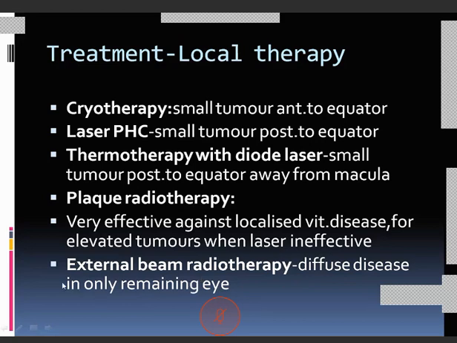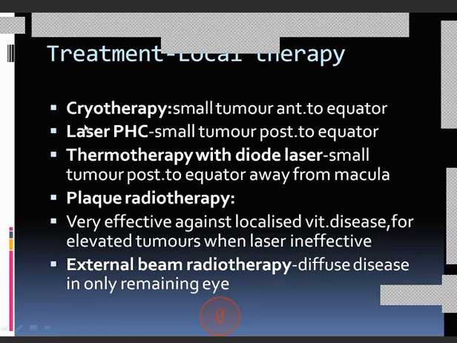The other modality is external beam radiotherapy, which is useful for diffuse disease in the only remaining eye. That means if the other eye is already gone and only one eye is remaining with diffuse disease, then we need to go for external beam radiotherapy.